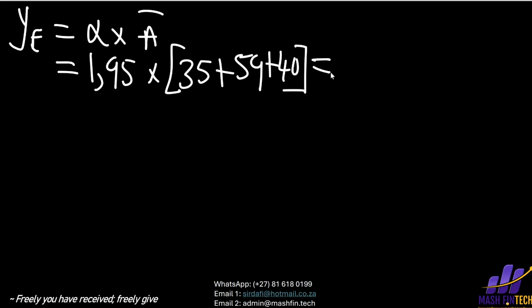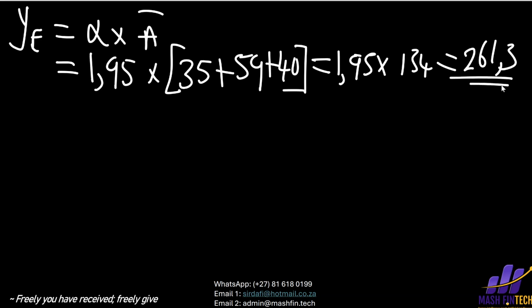And this is equal to 1.95 times, you add 35 and 59 and 40, you get 134, and then you multiply by 1.95, you should get 261.3, which is the equilibrium level of income. So I hope you managed to get this number when you put these numbers into your calculator.